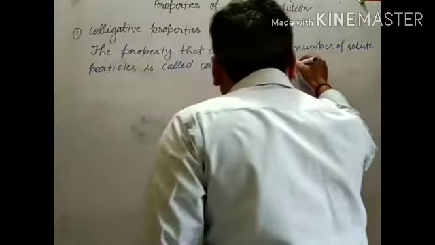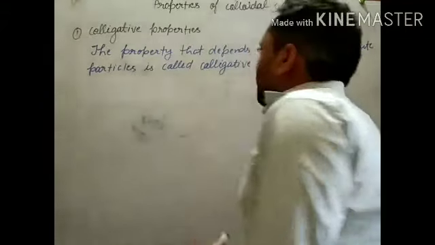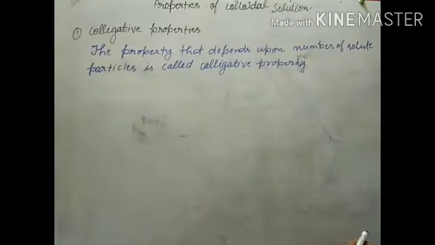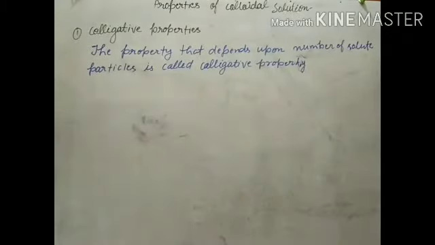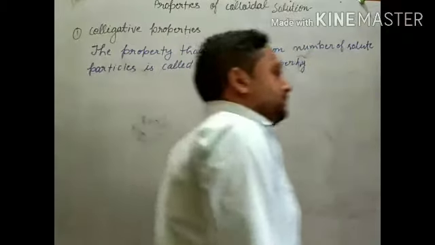Colligative property. So the property that depends upon the number of solute particles present in the solution is called colligative property. So like this, it can be said that colligative property means number of particles.